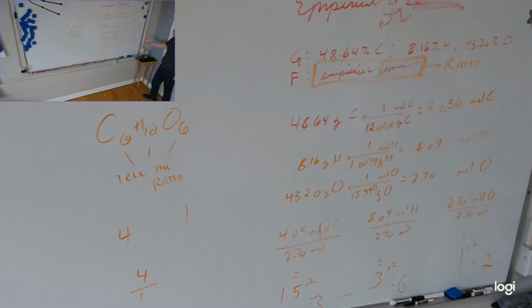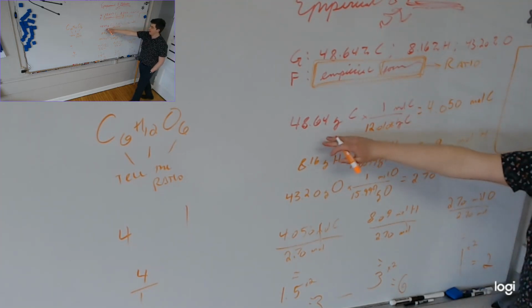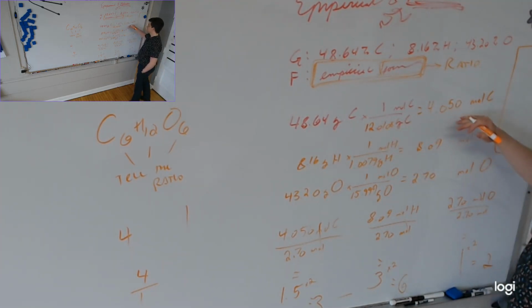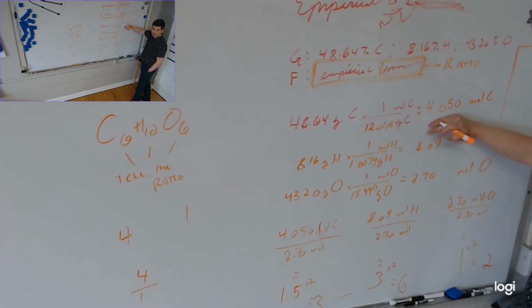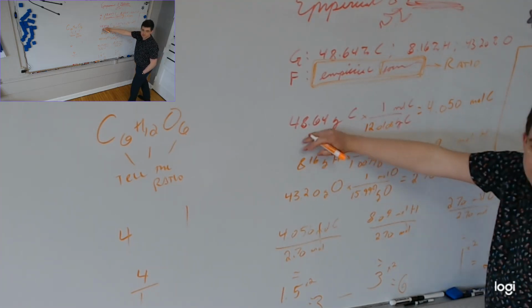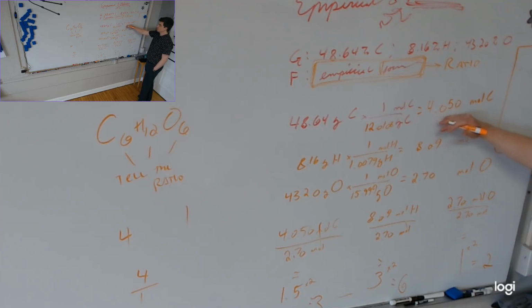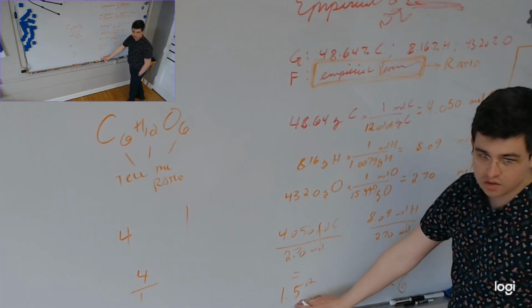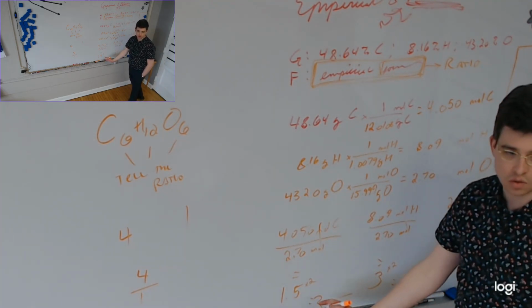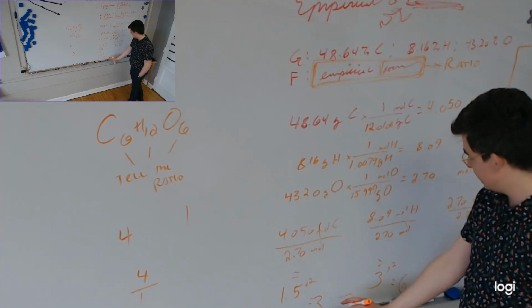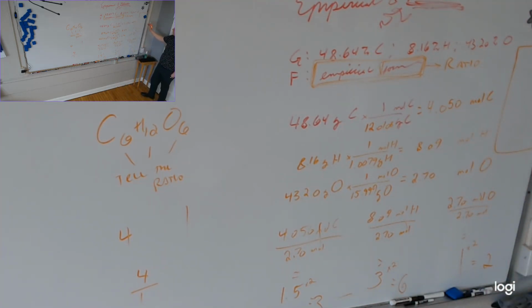So what's my empirical formula? My steps in order were: assume each percentage is a mass, convert each mass to moles, find the ratio of the moles by dividing all the moles by the lowest number of moles, make sure your answers are whole numbers, doing whatever you've got to do to make them whole numbers, and then write out our formula.